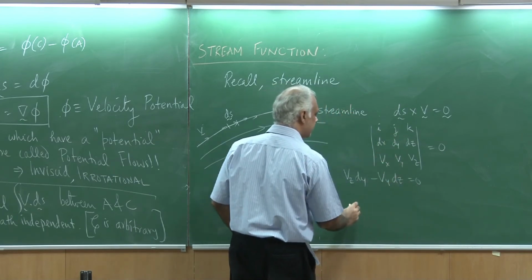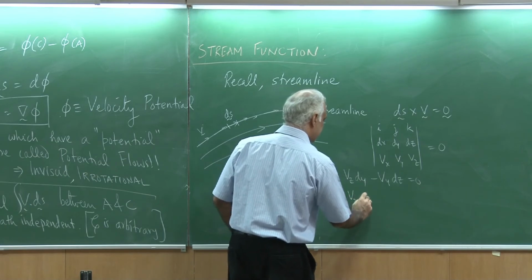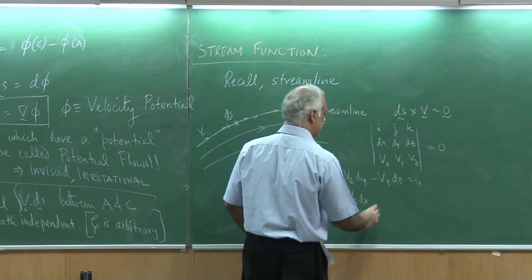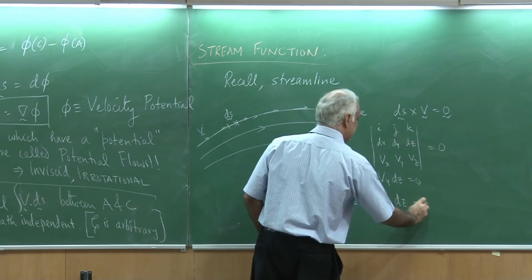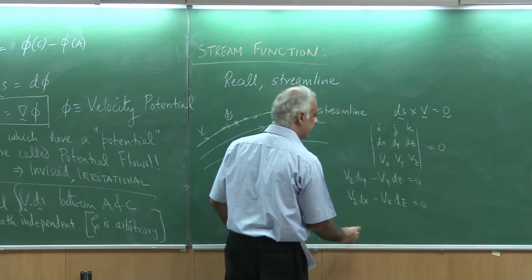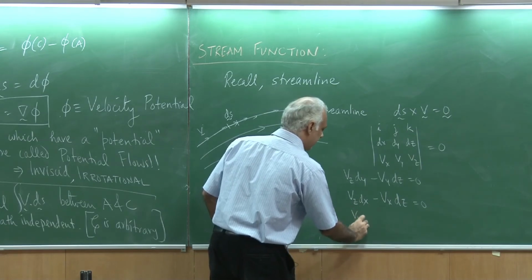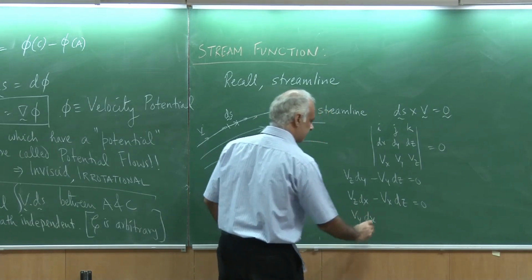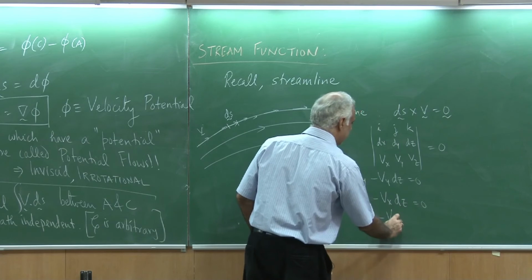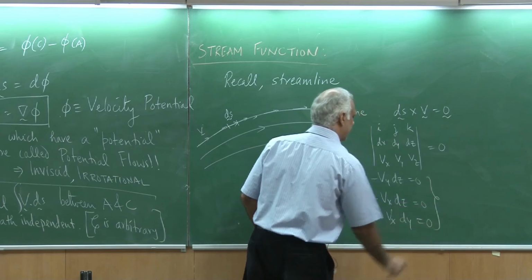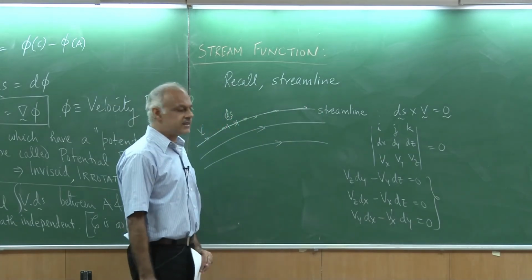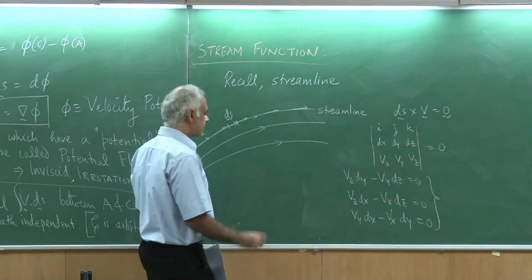For the j equation, I get vz dx minus vx dz is 0, and for the k direction, I get vy dx minus vx dy is 0. So these three equations represent a streamline.